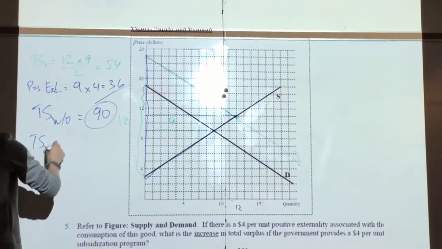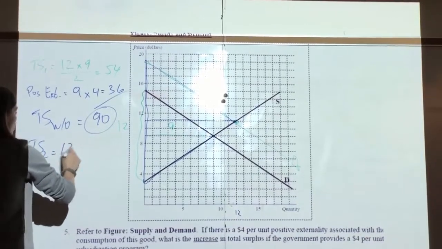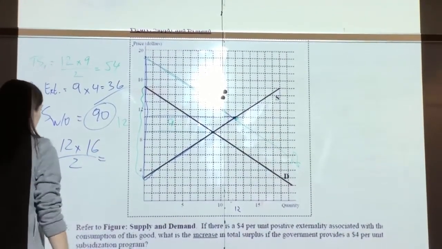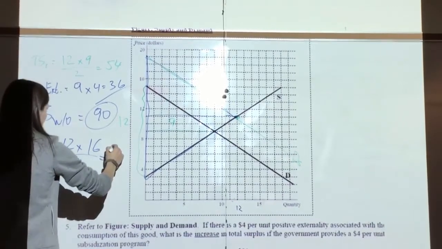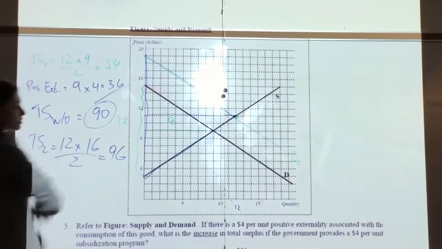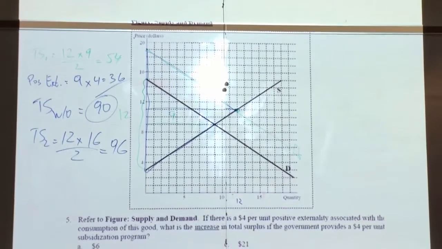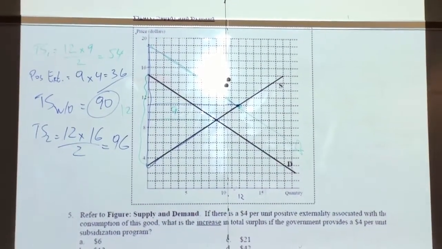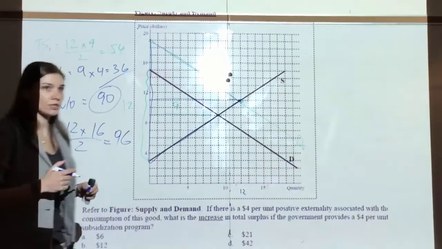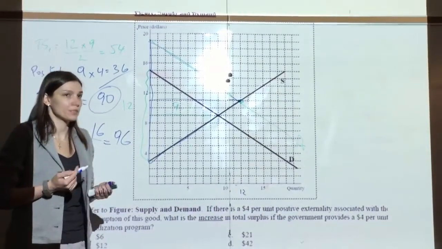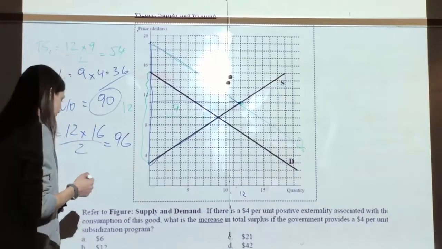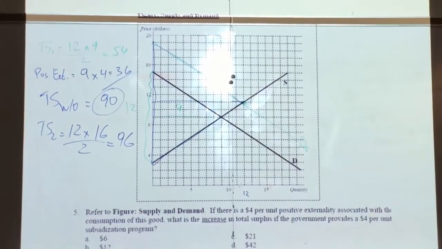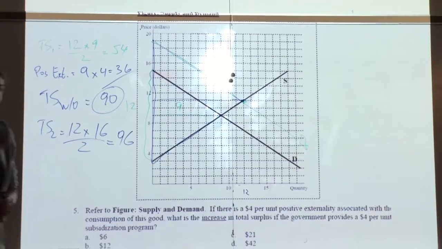So total surplus 2 is 12 times 16 divided by 2, 6 times 16, 96. Now that we know that, what is the increase in total surplus if the government fixes the problem? $6. And that is answer A. Does that make sense?